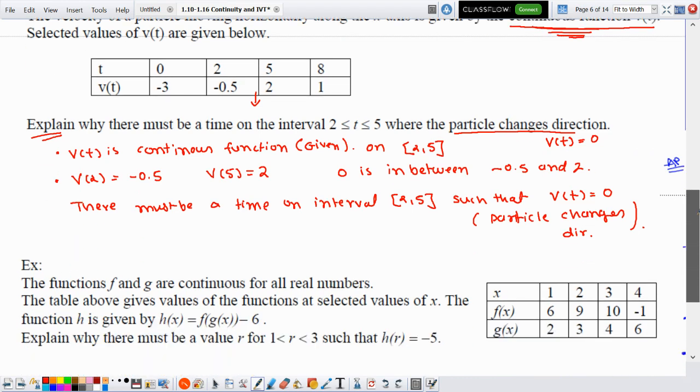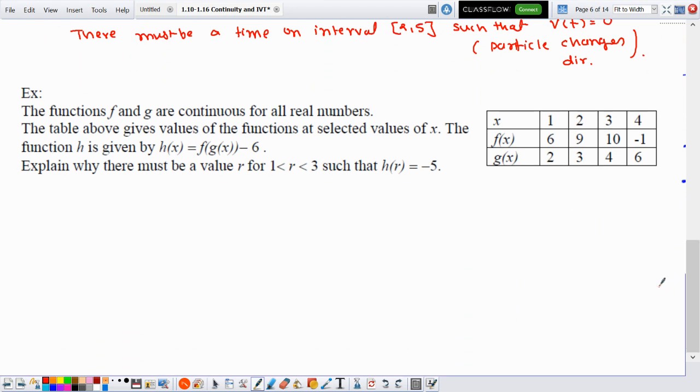Let's take a look at one more example here. The functions f and g are continuous functions. They are creating another function h. In fact, this is an AP question straight from the AP exam. So let's take a look at this. Explain why there must be a value r, just use a different letter, where h of r is negative 5.